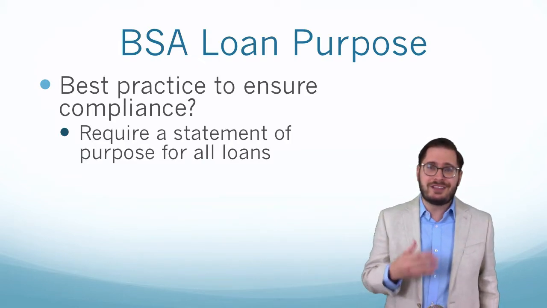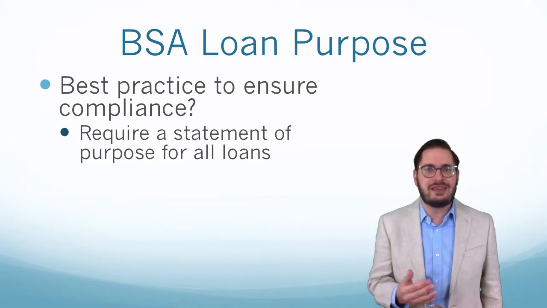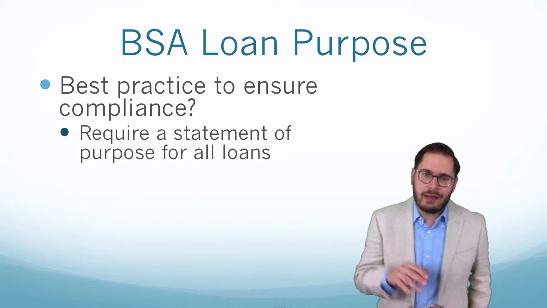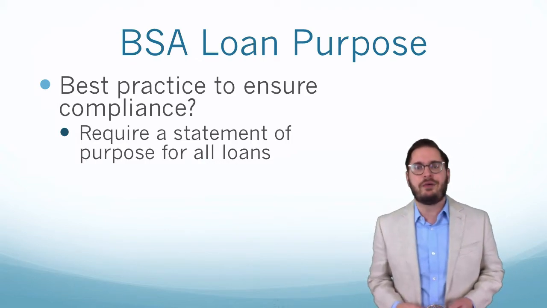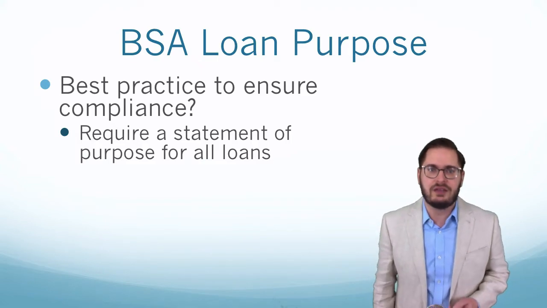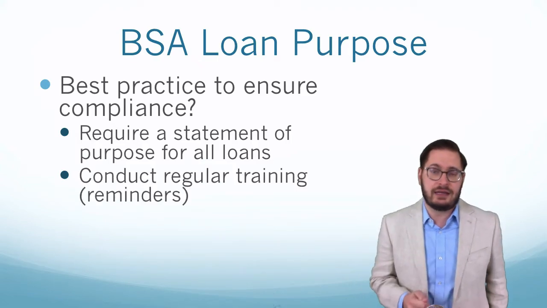So the lender gets used to not requesting it, and when they do have one over $10,000, they forget. So bottom line is, it's easier to just require it every time and to test that way, and then that ensures compliance. The second best practice recommendation I have is to conduct regular training.